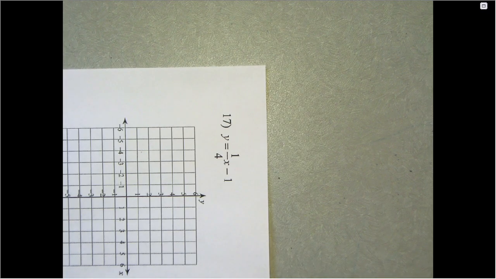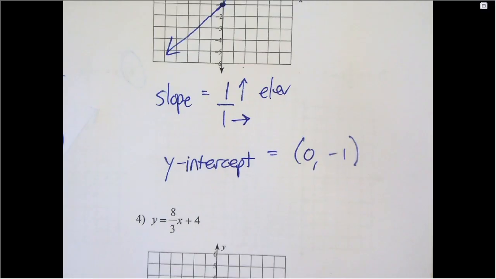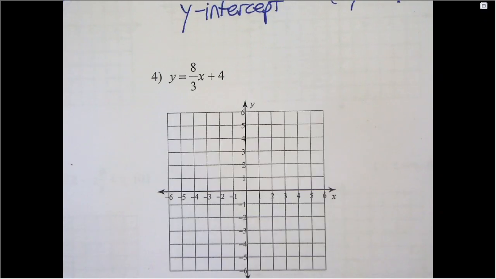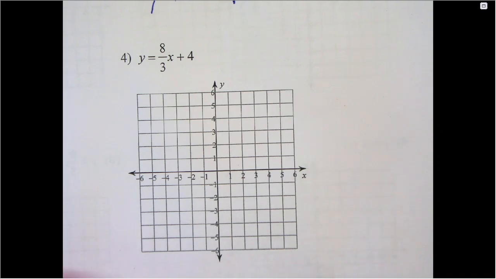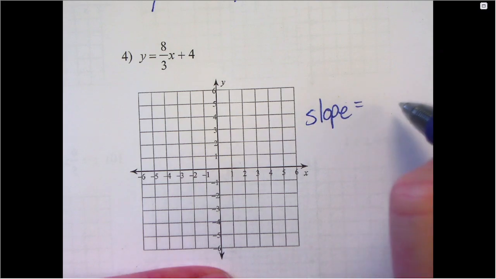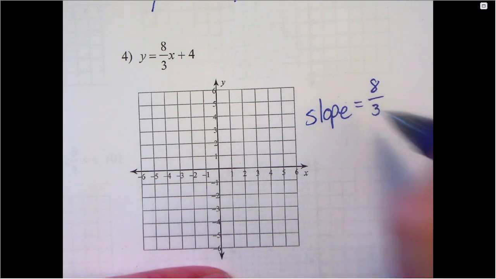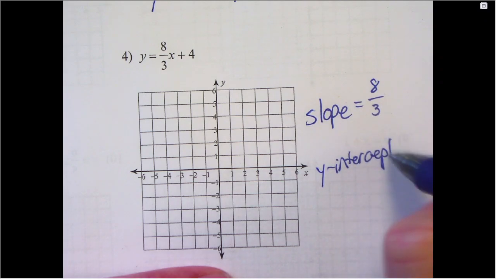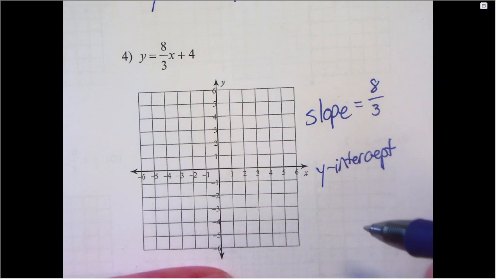You want me to look at 4? Oh, we got a little issue at 4, don't we? Number 4's got a little problem. What's the slope, CJ? Tadas, what's the y-intercept? 0, 4.